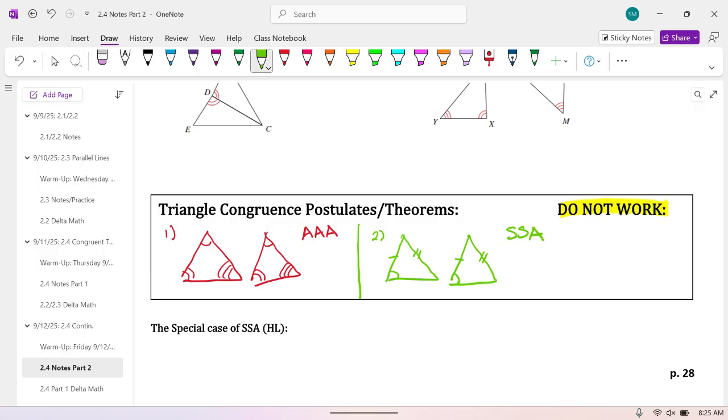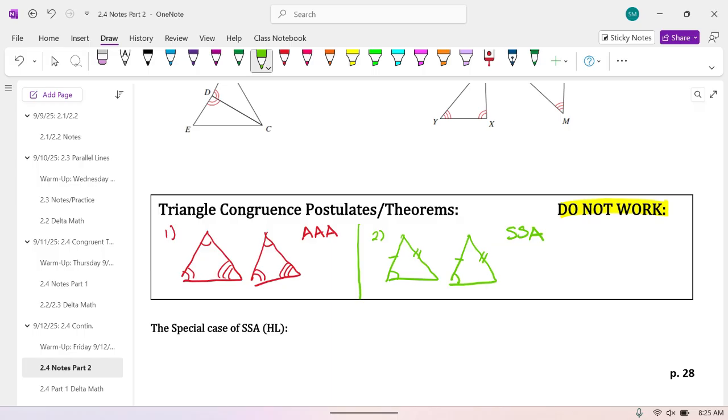So, the reason this one doesn't work is even though we know one angle is congruent and two of the sides are congruent, without knowing that at least another angle or that this side is congruent, there's no way we can say it's a congruent triangle.